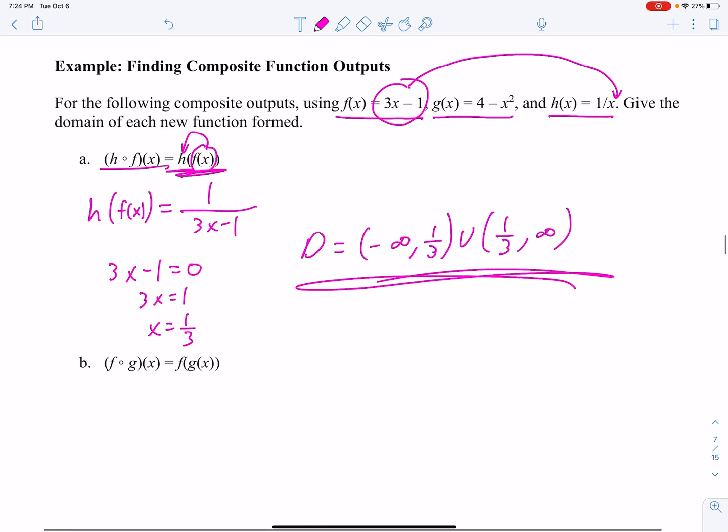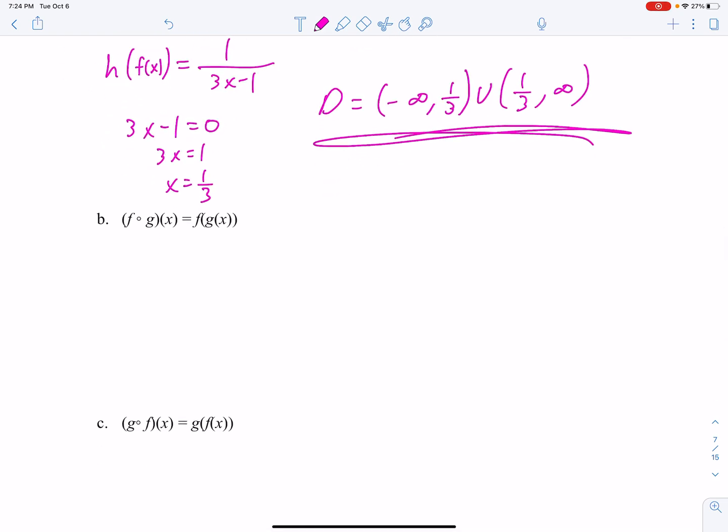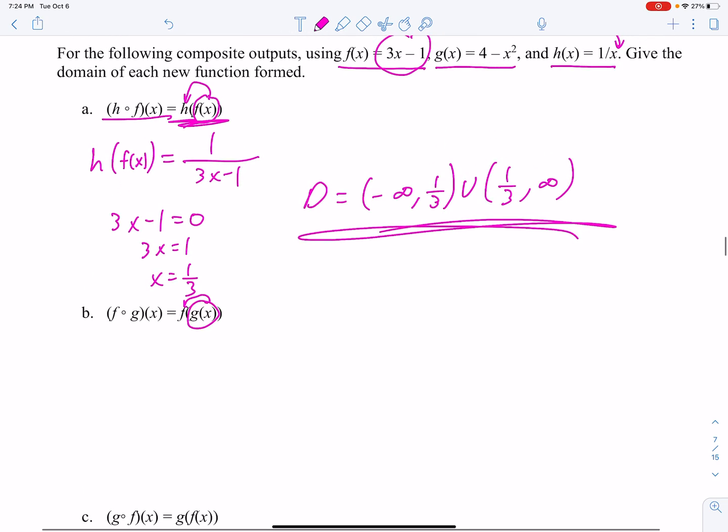Okay, so moving on here, f of g of x. So we're going to take the g function and plug it into f. Okay? So this is what we're going to do. So f of g of x equals 3.